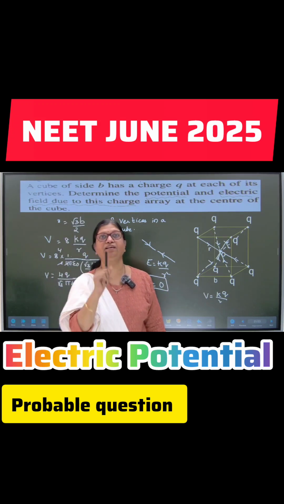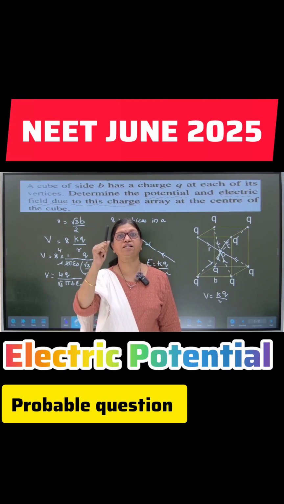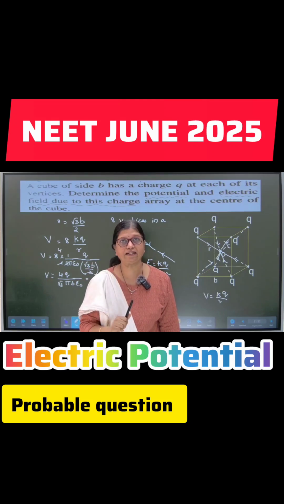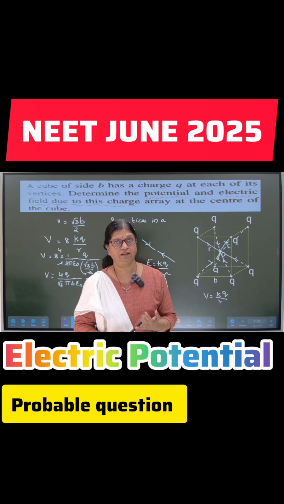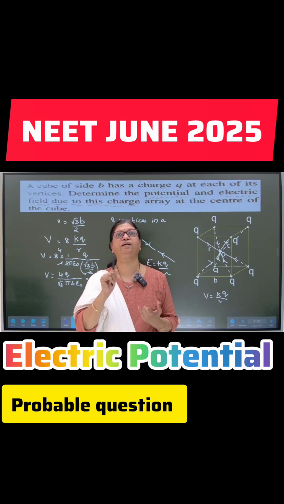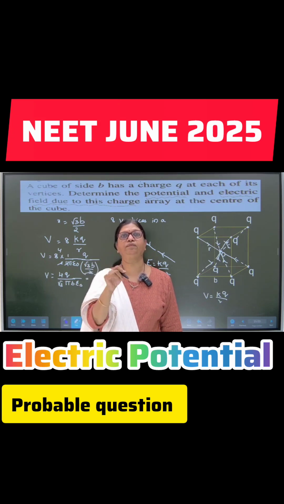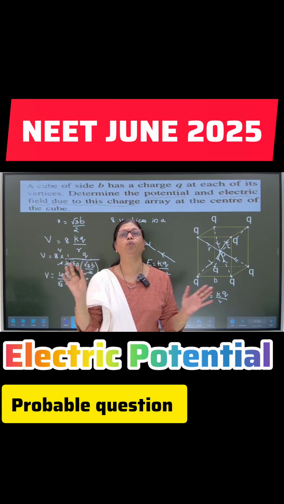For any regular figure, if charges are same and electric field is asked at the center, like a square, a pentagon, a hexagon, a triangle, then at the center the electric field will definitely be 0. Keep it in your mind.